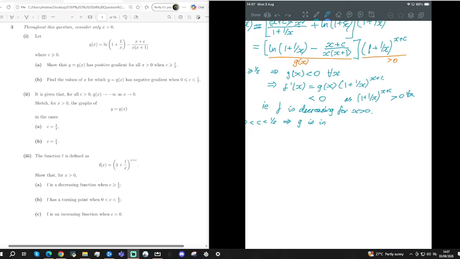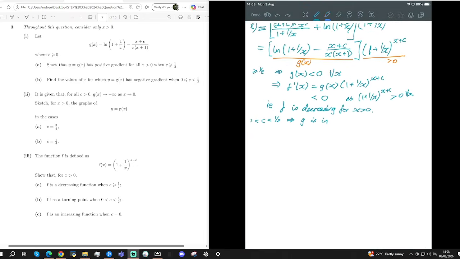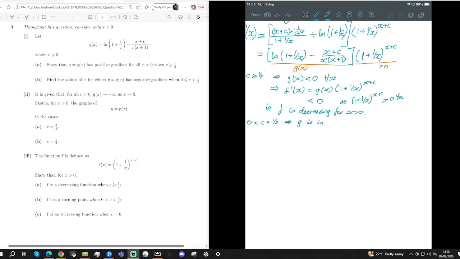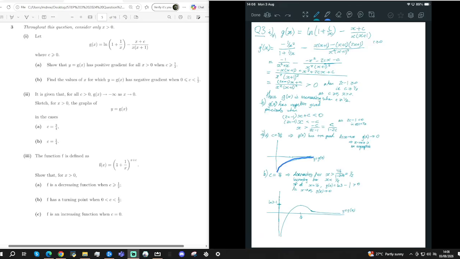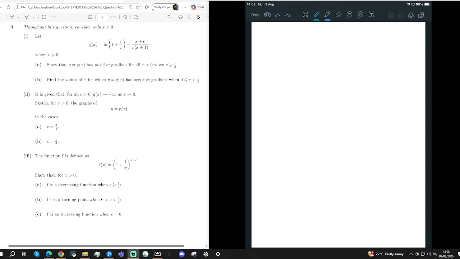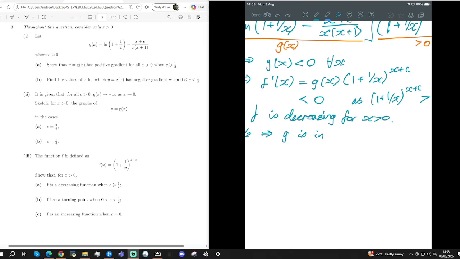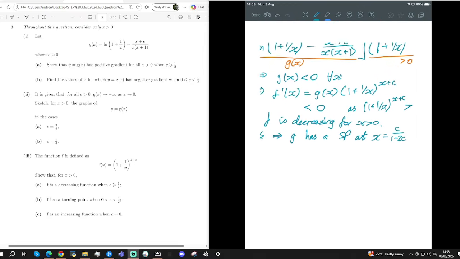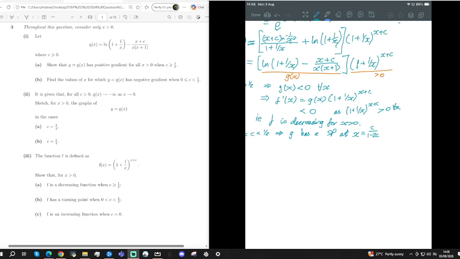So let's have a go. So between those values, g has, oops, I was trying to undo something which happened too long ago. g has a stationary point at x equals c over 1 minus 2c. And I really want this to be positive.